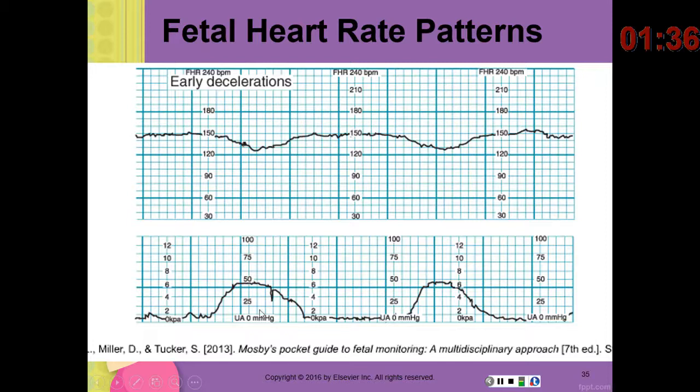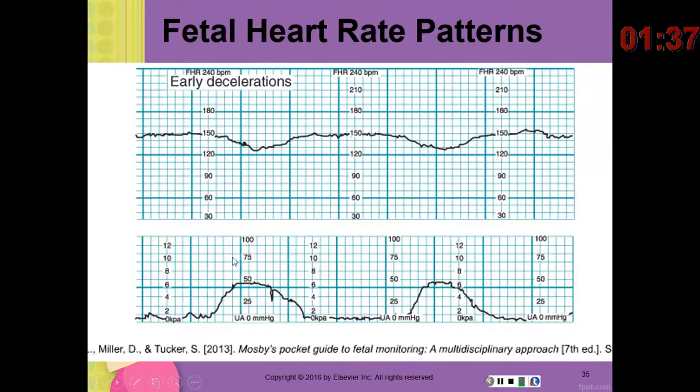Again, we don't get out any calipers here. We're going to say to the doctor, the contractions are coming about every 3.5 to 4 minutes. They last 1.5 minutes, or 1 minute to 1.5 minutes, because they're all different.